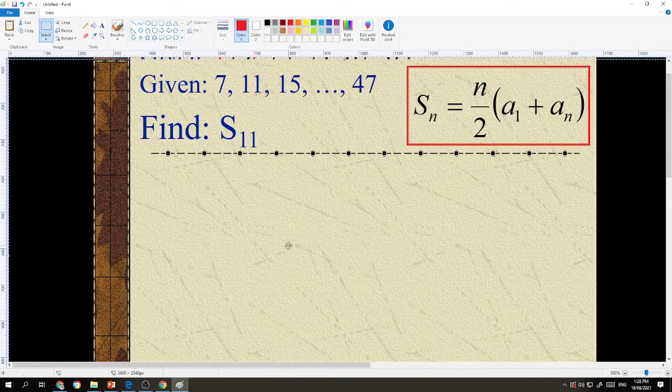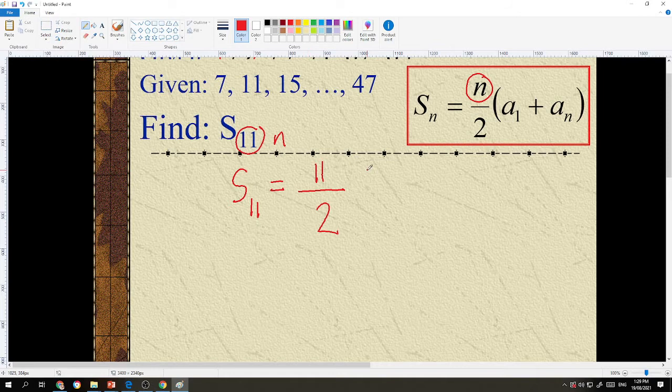Now, we are solving for the sum of the first 11 numbers. What is the value of n? 11. This is our n. Divided by 2. What is the first term? What is the last term?